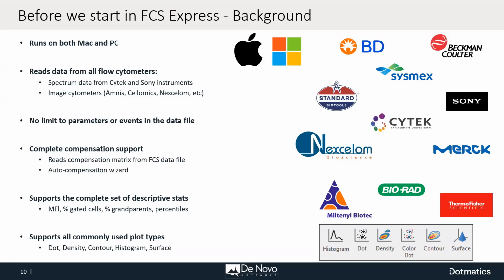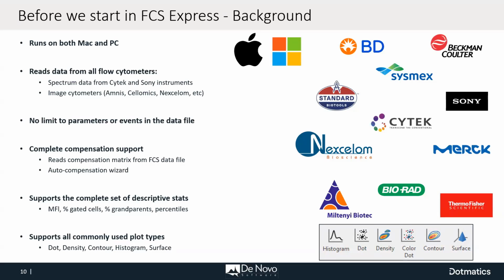And we can handle that on your local computer because of the way that FCS Express has been developed to handle large data sets. And really importantly, compensation, we're not going to talk a lot about it today, but rest assured, we've been doing this for over 25 years. We've seen and worked with every sort of compensation and every sort of unmixing that you can imagine.